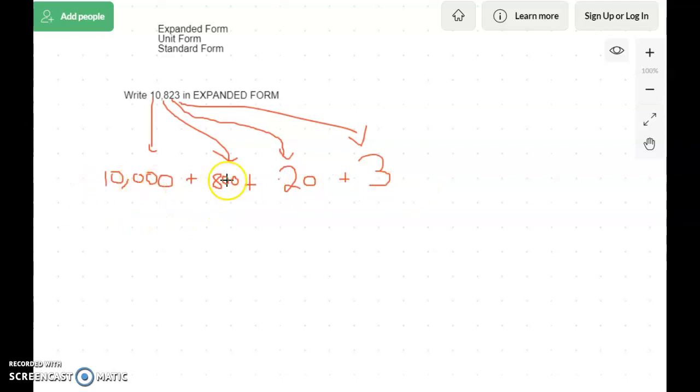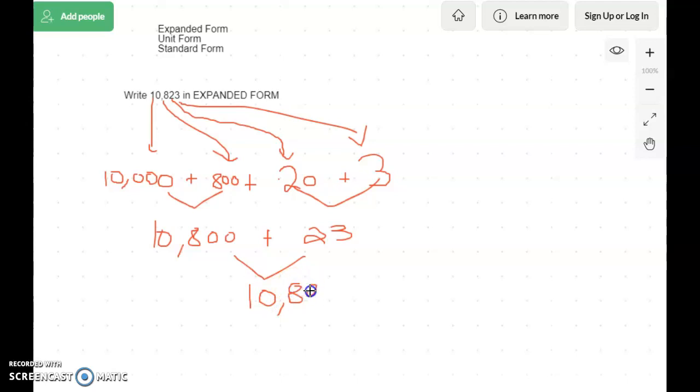If I add 10,000 plus 800, I have 10,800. If I add 20 plus 3, I have 23. If I add these all together, I have 10,823. So I wrote it in expanded form, and then I got it back to standard form.